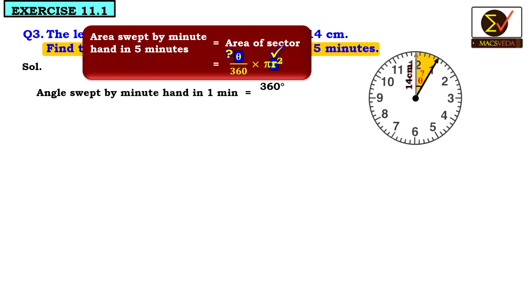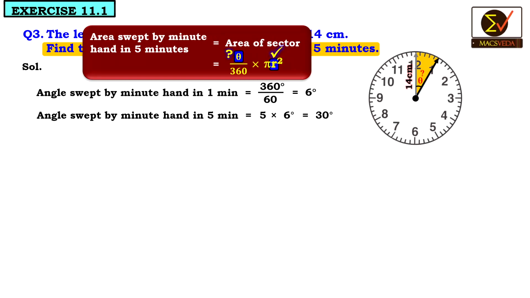So it is 360 by 60, which is nothing but 6 degrees. So in 1 minute, angle covered is 6 degrees. Then what about angle swept by minute hand in 5 minutes? So 1 minute, it is 6 degrees, means 5 minutes it is 5 into 6 degrees, that is 30 degrees. So that is the value of theta, which is 30 degrees.